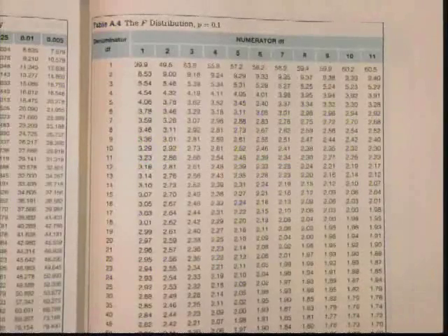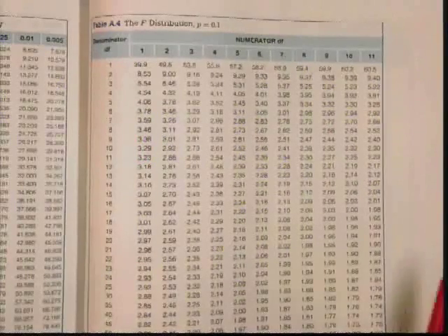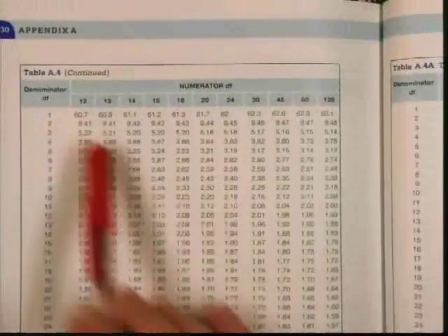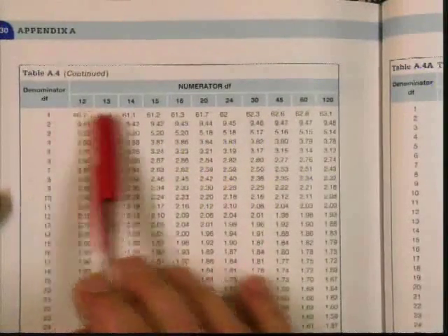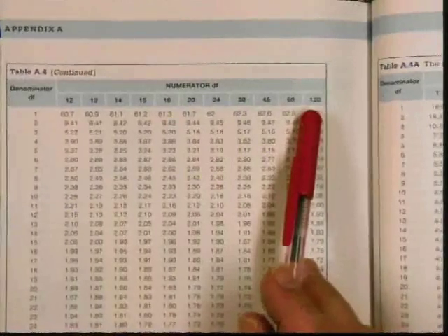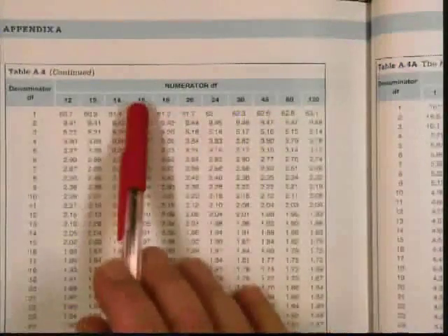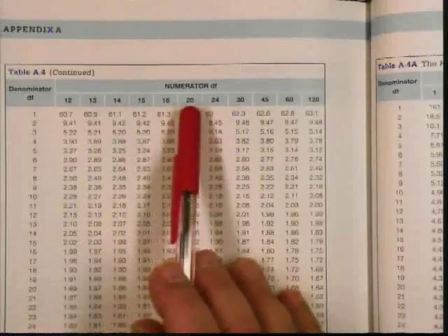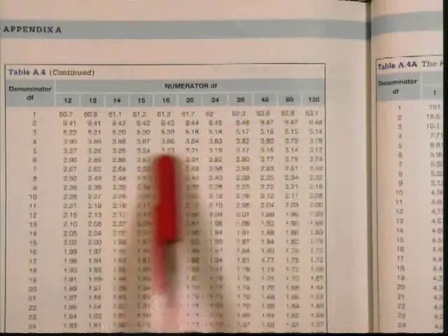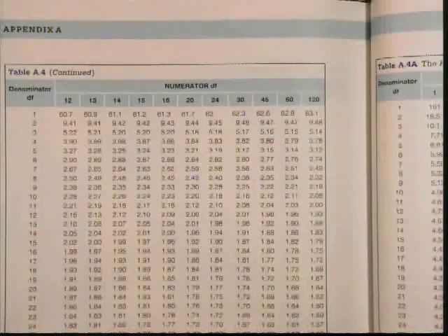As we want to change the right-hand area associated with a critical value, we move from page to page. This is still P equals 0.1, and it goes over to numerator degrees of freedom of 120. Once we get up to 15, 16, it starts to jump. As we move across a row, we see little change there as well. Then it goes to the next page, headed by 0.05.